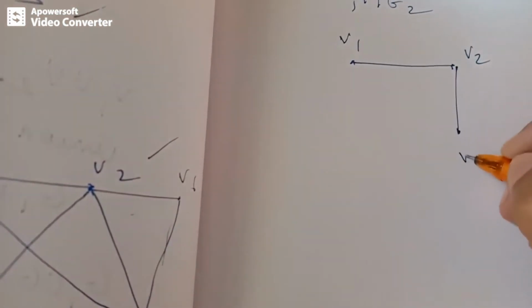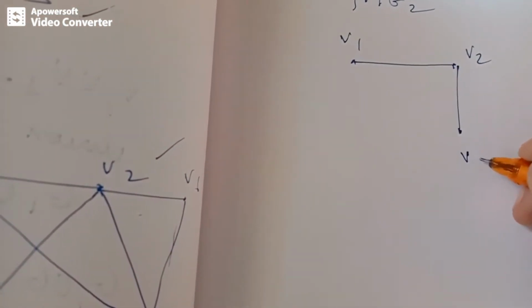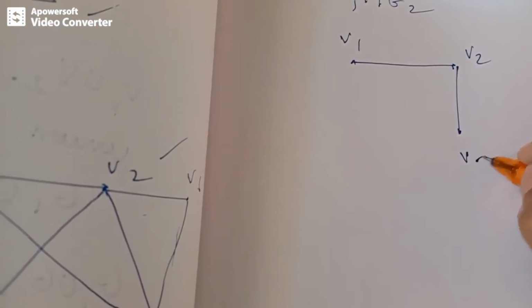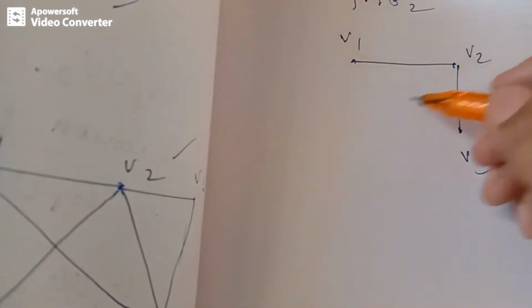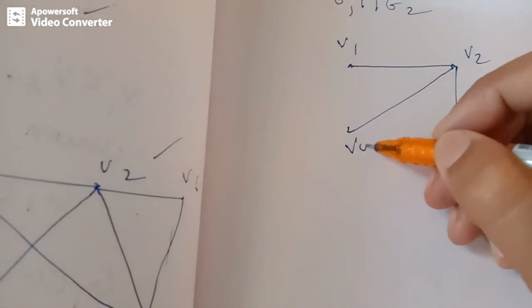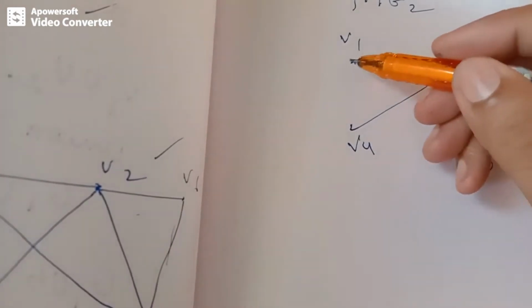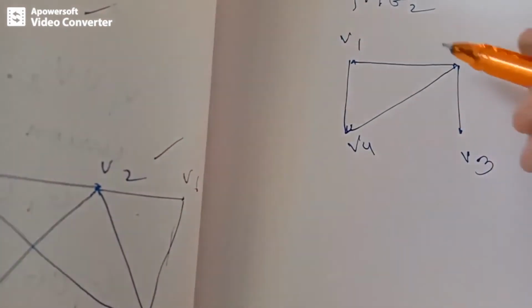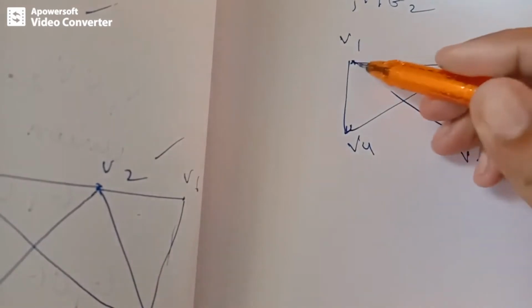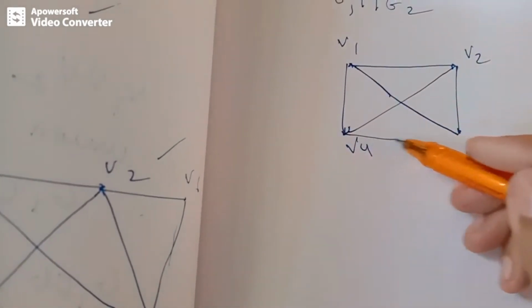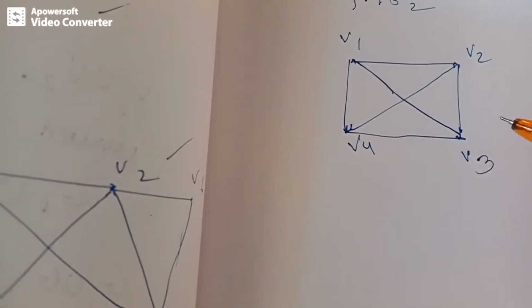then you have got V2 to V4, there is an edge, V2 to V3 also there is an edge. From V1 to V4 there is an edge. Likewise V1 to V3 there is an edge, and V4 to V3 you have got another edge.